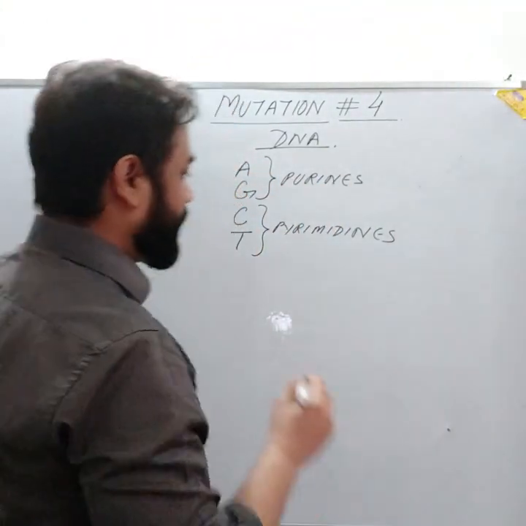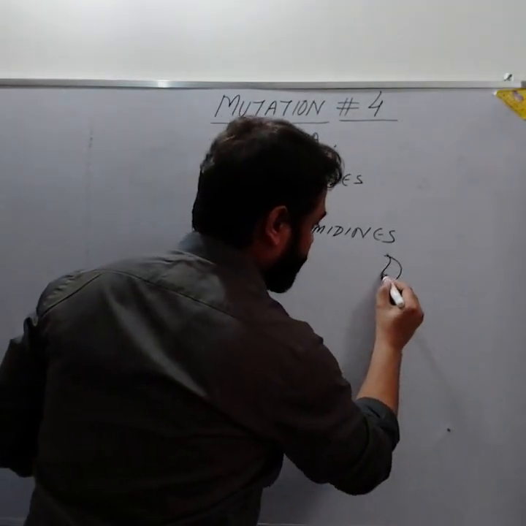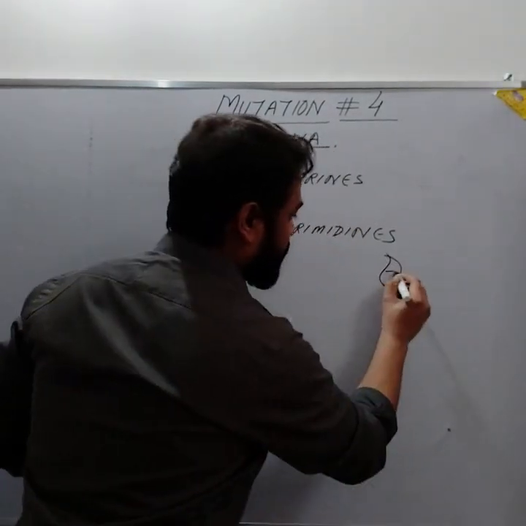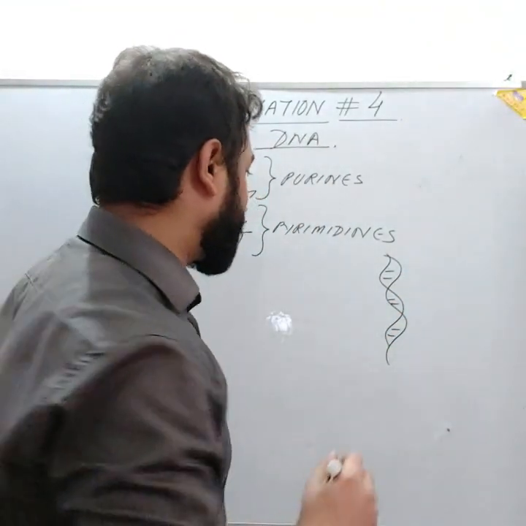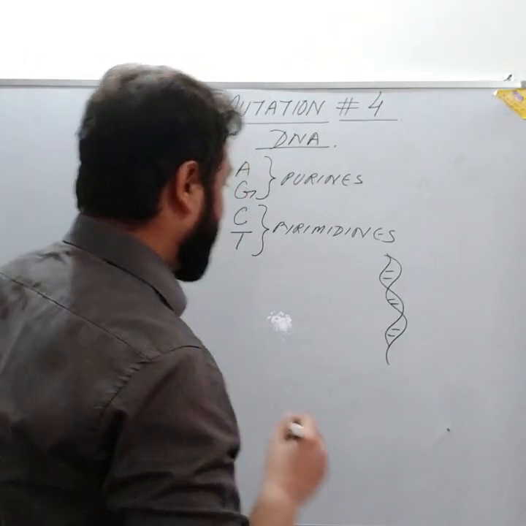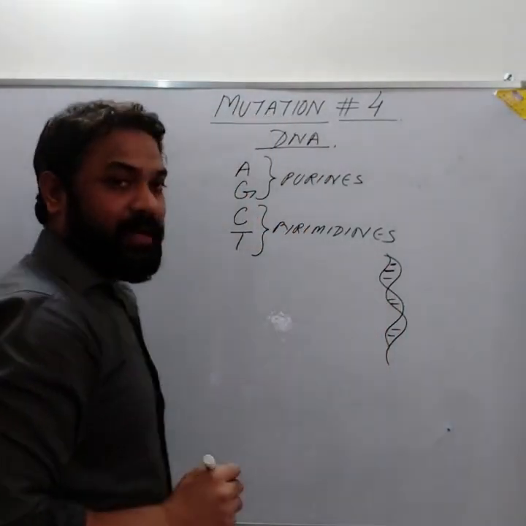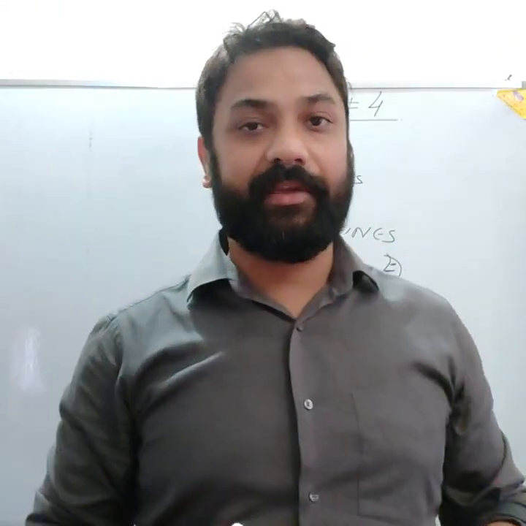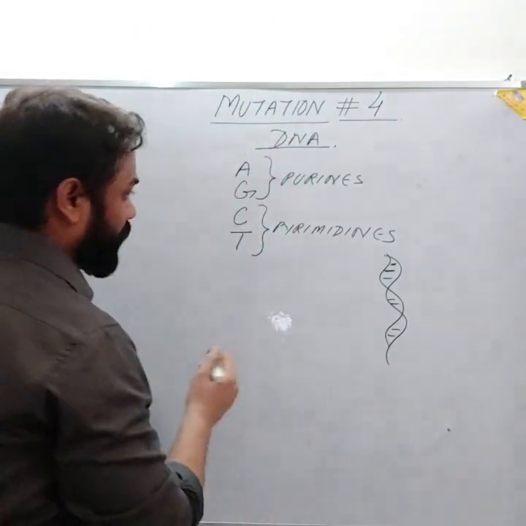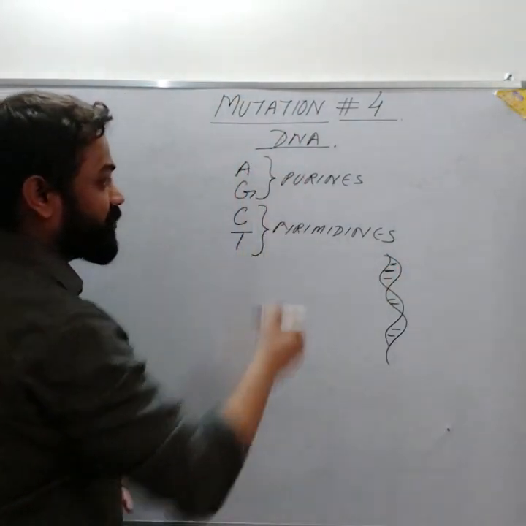We all know that DNA exists as a double-stranded structure or double helical structure, as given by Watson and Crick. The hydrogen bonds link together the two strands of the DNA molecule, and these bonds are between the nitrogenous bases.